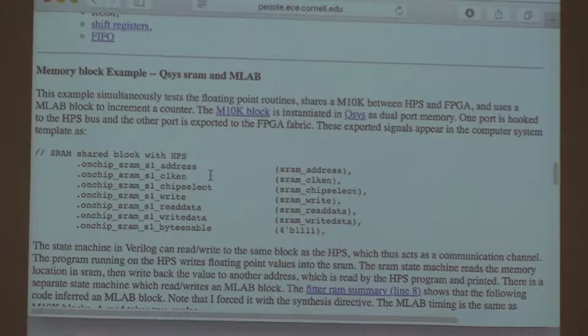Qsys has this, I can't call it a feature. I'm not sure it's a bug. If you add a connection to a module that has an exported variable, it deletes the name of the exported variable and does not restore it when you unclick the connection.